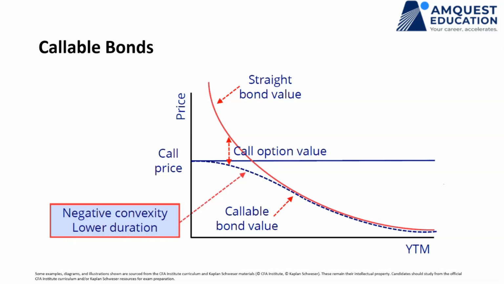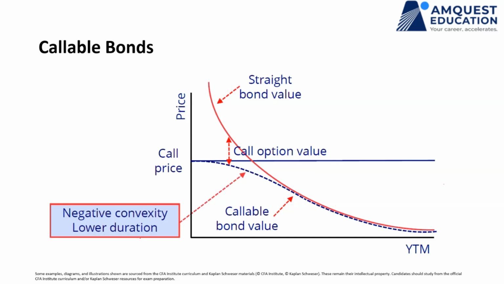And apart from that, the straight bond obviously has a convex curve and typically represents positive convexity. There's also a lower duration for callable bonds because these bonds will typically be called before maturity and generally called earlier than the normal bonds.